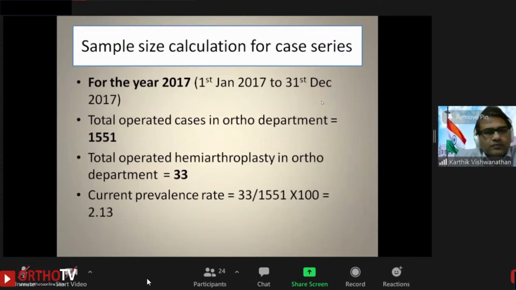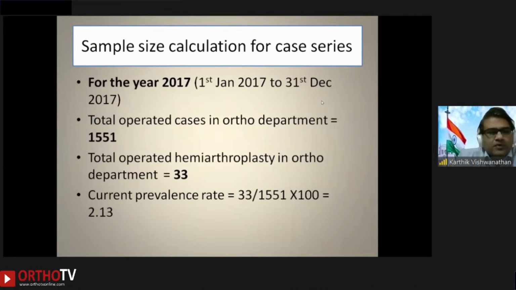So for example, most commonly people do a thesis. It's a case series. So if you want to estimate the sample size for hemiarthroplasties for neck of femur, what you do is you go to the OT register and look for the total number of operations conducted in the orthopedic department. Then you find the total number of hemiarthroplasties done. Then by this you can estimate the prevalence rate.